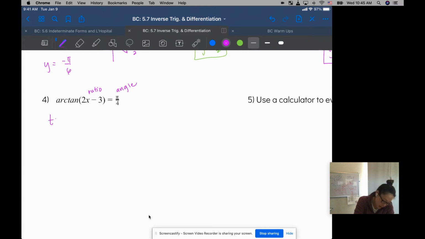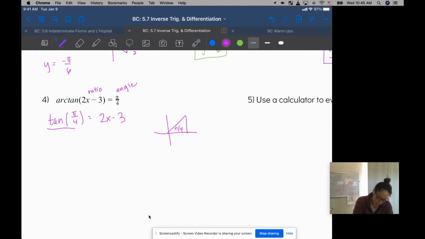So I'm going to say the tangent of pi over 4 is equal to the ratio 2x minus 3. And I know that tangent of pi over 4, I can just evaluate that. So I'm just going to draw it on the side.